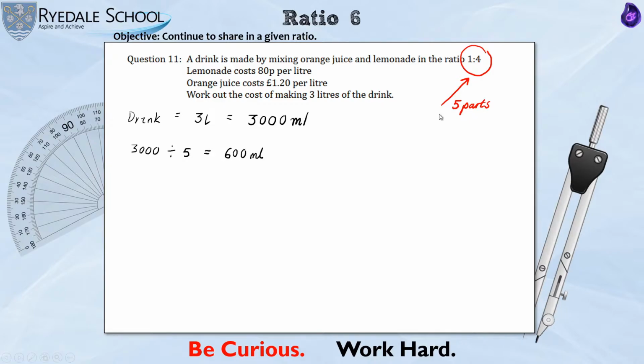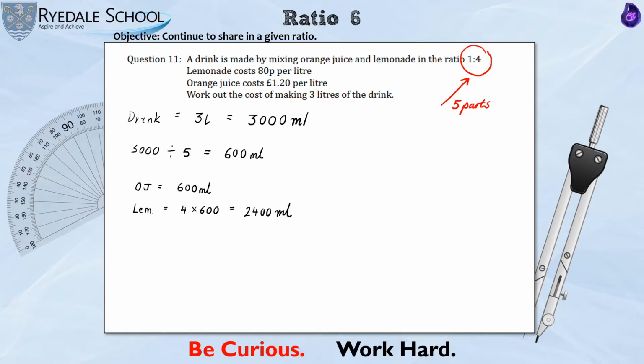Now I just need to double check what the number 1 and the number 4 correspond to. So number 1 is orange juice, and number 4 is lemonade. I'll abbreviate orange juice OJ. So there's 1 part, which is 600 ml orange juice, and 4 parts lemonade. So lemonade is 4 times 600, and that is 2,400 millilitres.